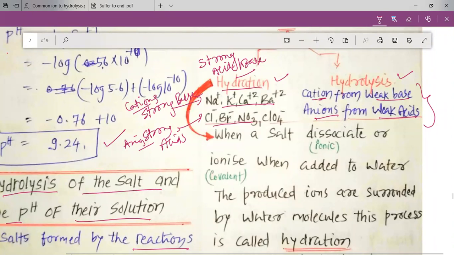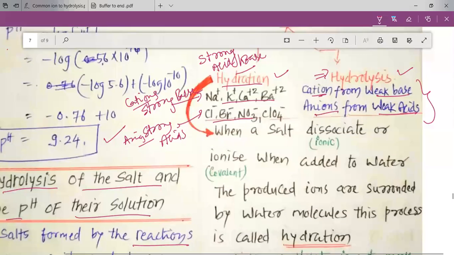The hydrolysis takes place only in case of the cation from the weak base and anion from the weak acids. So the cation from the strong base will not undergo hydrolysis, but cation from the weak base will. The anion from the strong acid does not undergo hydrolysis, but the anion from the weak acid does.